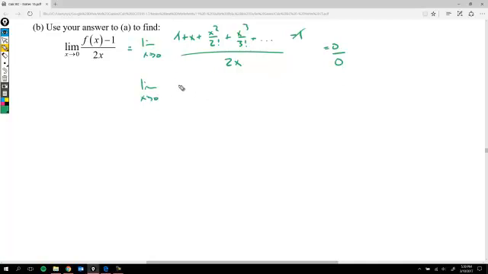So if I use L'Hopital's rule, now let's take the derivative of my Maclaurin series here. The derivative of 1 is 0. The derivative of x is 1. The derivative of x squared over 2 factorial: well, this is the same thing as just x squared over 2. The 2 drops down, which is just x, so I get x here.